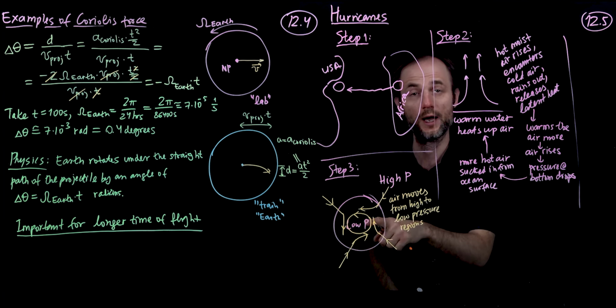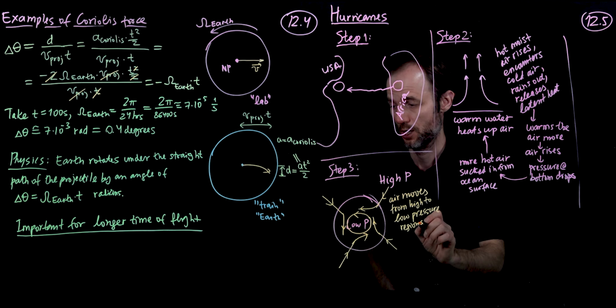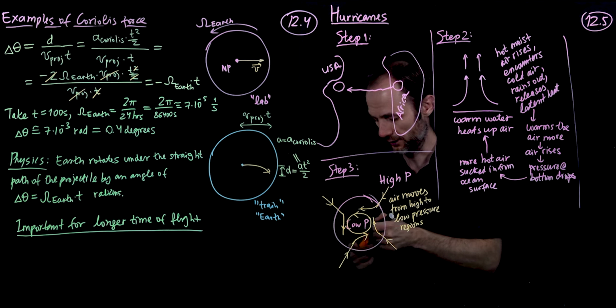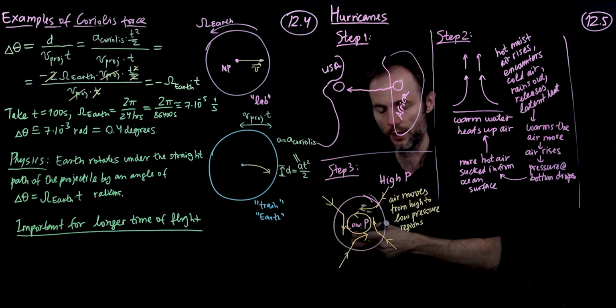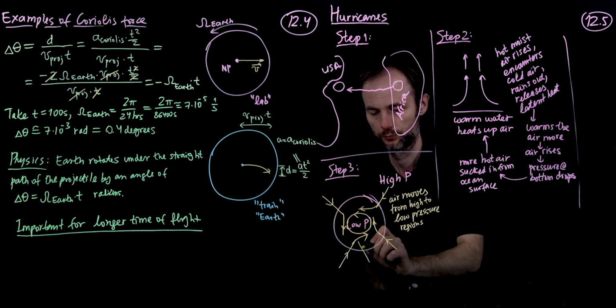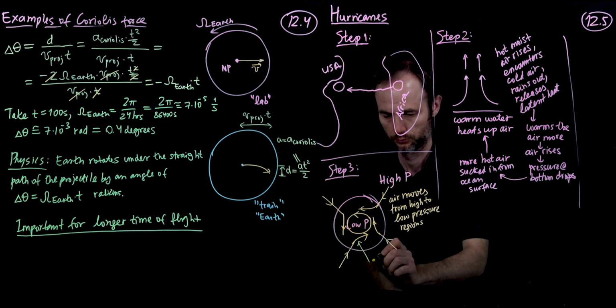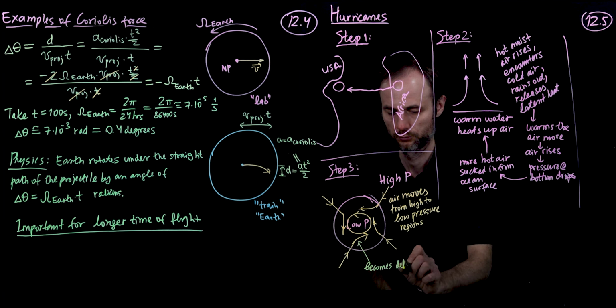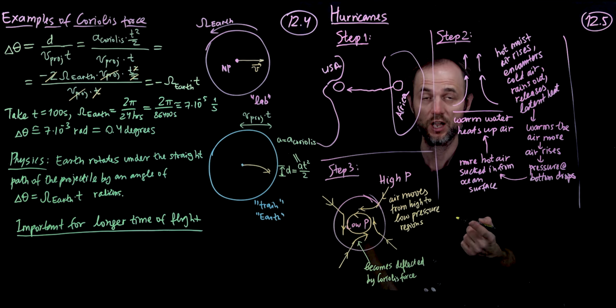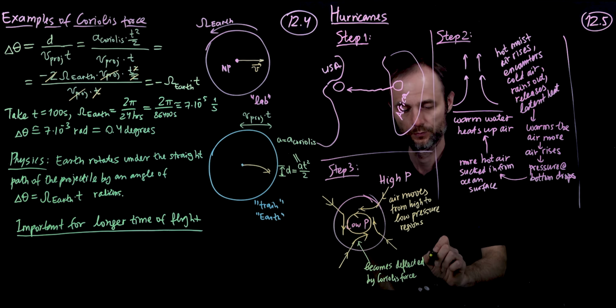So air moves from high to low pressure regions, becomes deflected by the Coriolis force, and this deflection happens to the right.